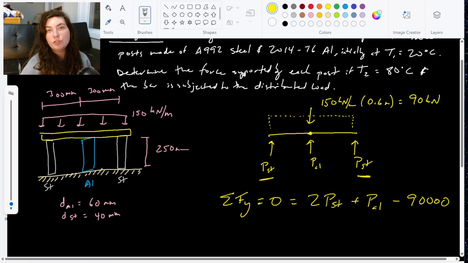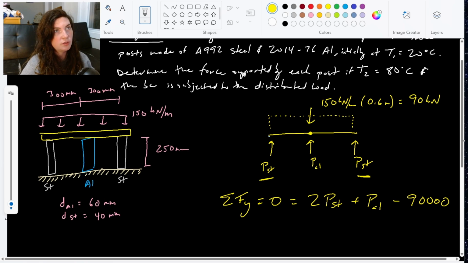So now I only have 2 variables that I'm looking for, right? Two unknowns. So I need one more equation so that I can figure these out. And we're going to go back to our load compatibility, right? Our load displacement equations. Create a compatibility equation for this.